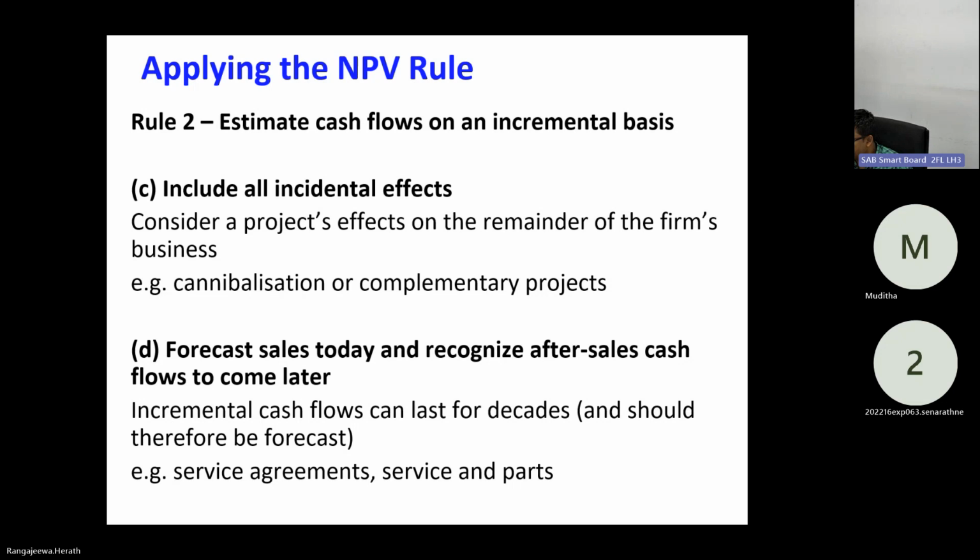Cannibalization, as a marketing management concept, means that when you introduce a new product to the market, existing product demand may decrease. Increasing new product sales results in decreasing the existing product's sales, when they are internally substitutes. Right?